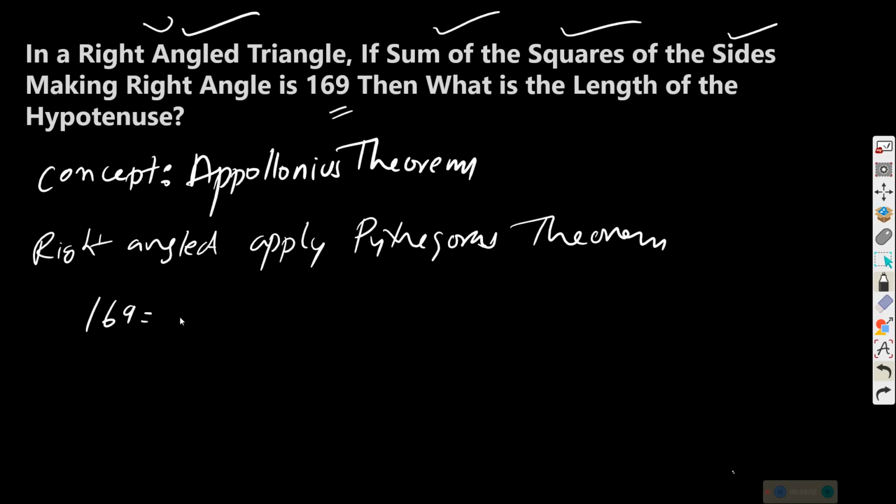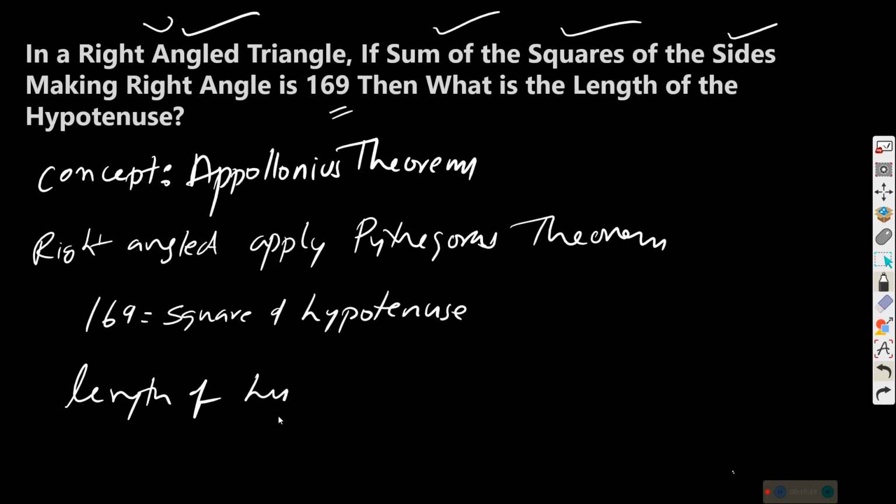That is the meaning of the sum of the squares of the sides given. That is the Pythagoras theorem. Right? That means root of 169 is equal to the length of the hypotenuse. Okay, it was a straight question, simple question. Let me go ahead.